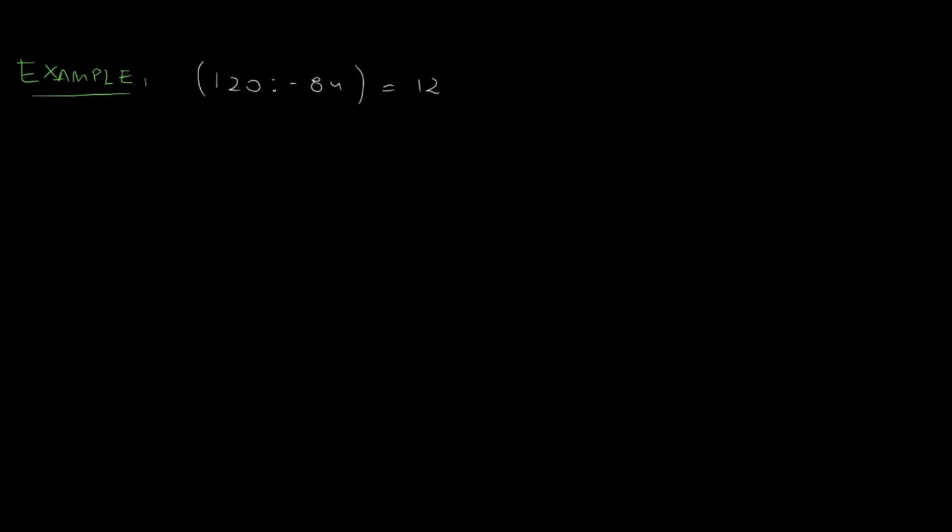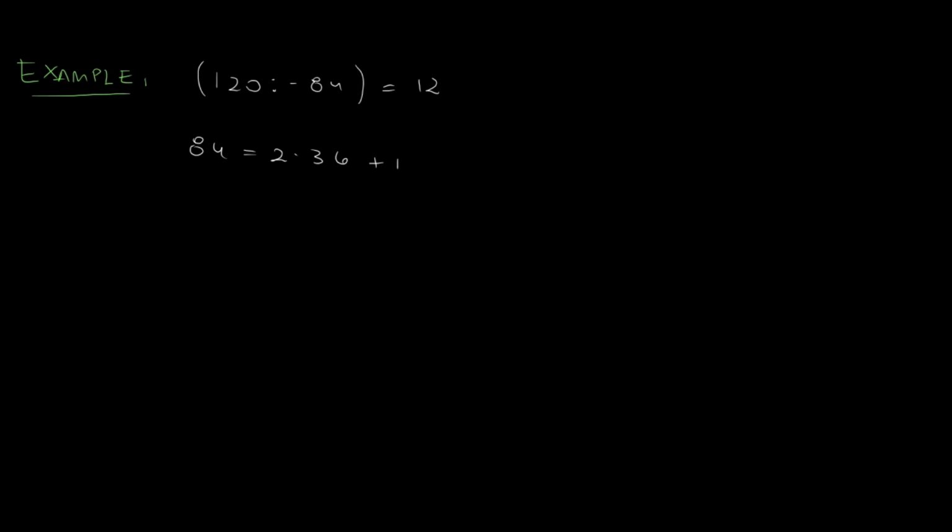Let's see how this theorem works with an example we did in the last video. In the last video we calculated that the GCD between 120 and 84 was 12. So what we can do is look at the last two divisions we had, that is that 84 was equal to 2 times 36 plus 12.